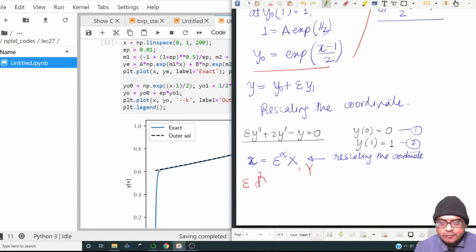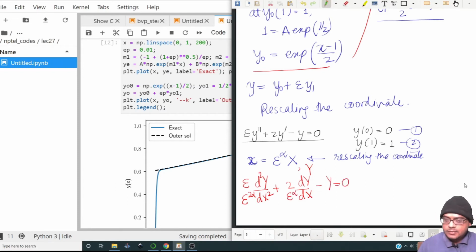Epsilon d2Y/dX2, but this will be epsilon raised to 2 alpha, plus twice dY/dX epsilon raised to alpha, minus Y equal to 0.